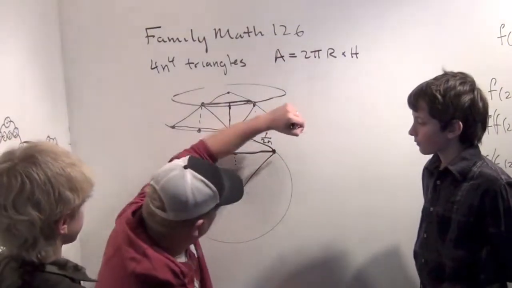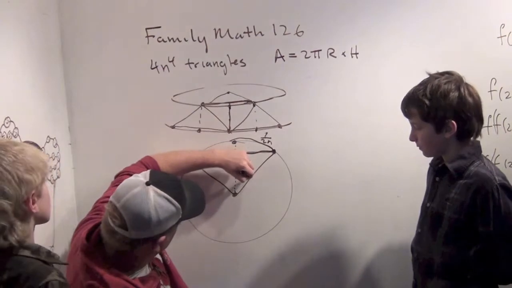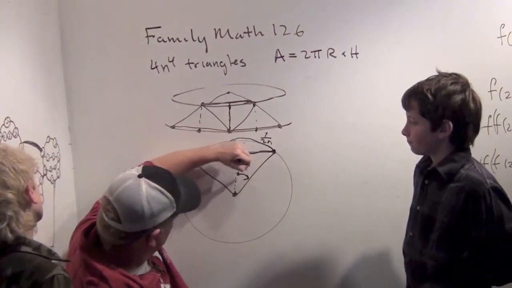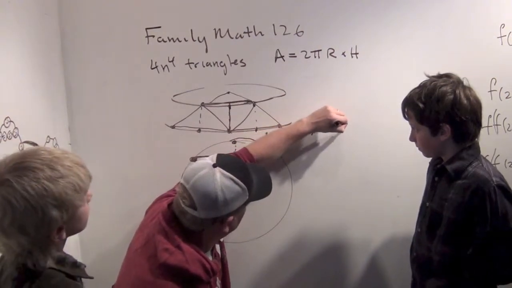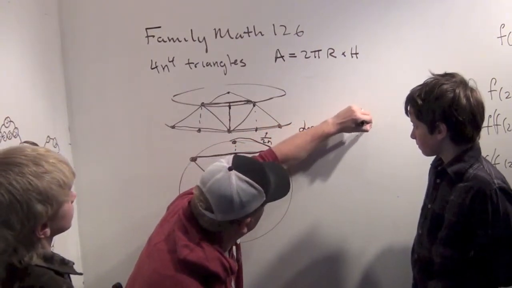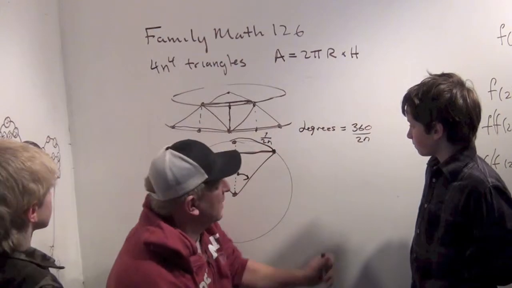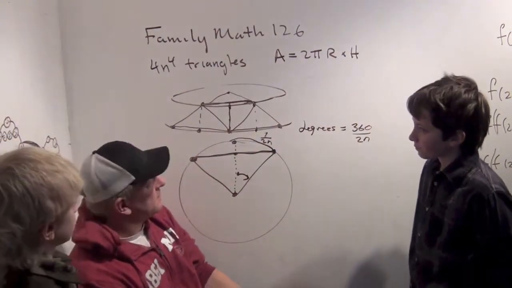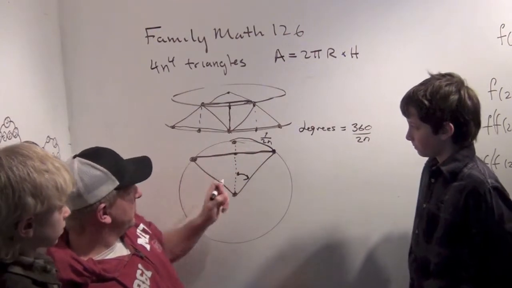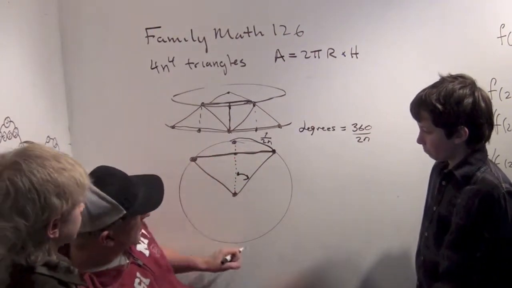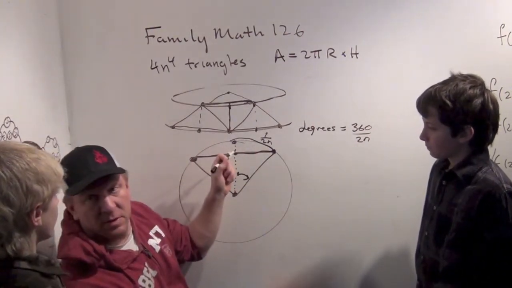So the degrees in this angle here is equal to 360 over 2n. And then, what percent of the circle is that? Well, if the radius was 1, it's a distance 2 pi around the circle.